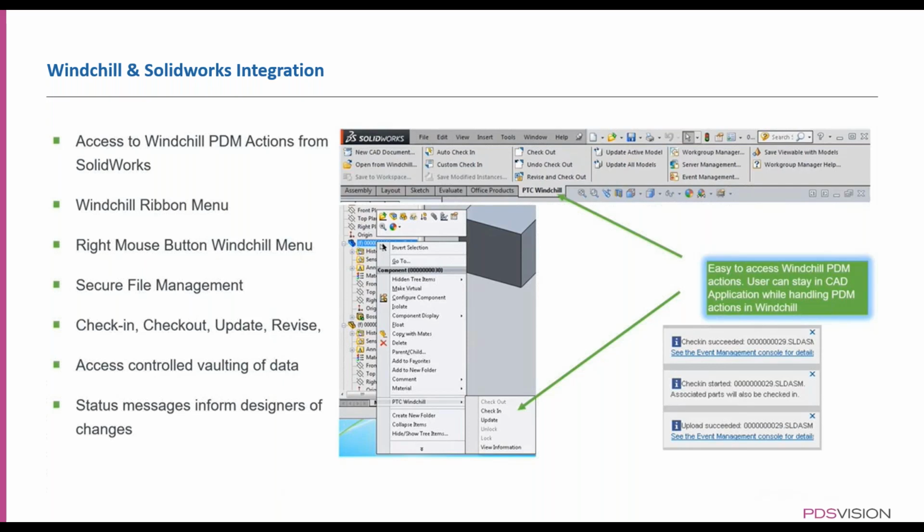But that information there is not stored as SolidWorks files. It is basically encrypted. So even if someone gets hold of that information, they won't be able to decrypt it and access it. It will only be accessible or visible through the Windchill interface.